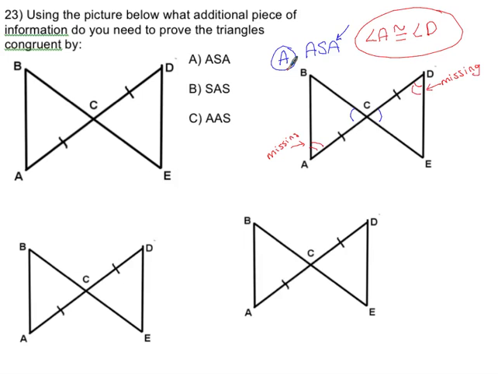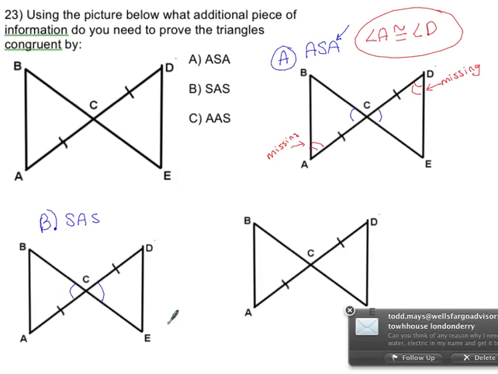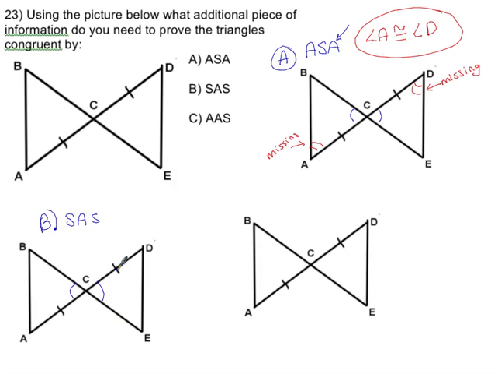All right, let's take a look at B. Question B says side, angle, side. So I know I need to mark those vertical angles. I've got side, angle, I need side.